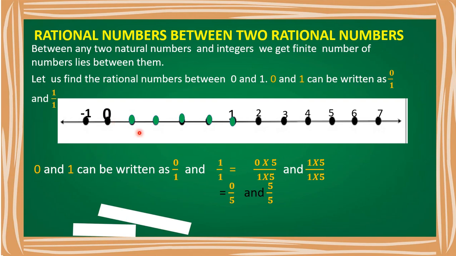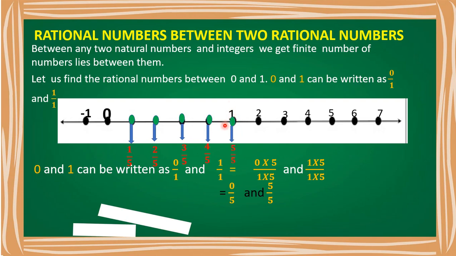So here 1, 2, 3, 4, 5. We have divided 0 to 1 into the number of parts given by the denominator, that is 5 equal parts. Now the first part is 1 by 5, the second part is 2 by 5, the third part is 3 by 5, the fourth part is 4 by 5, and as we know 5 upon 5 is 1.